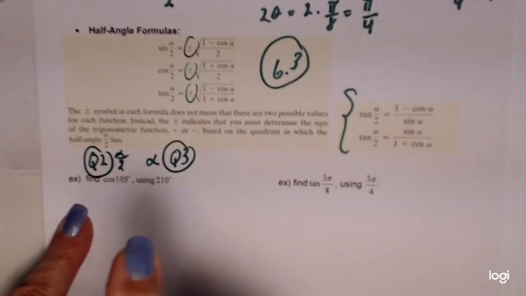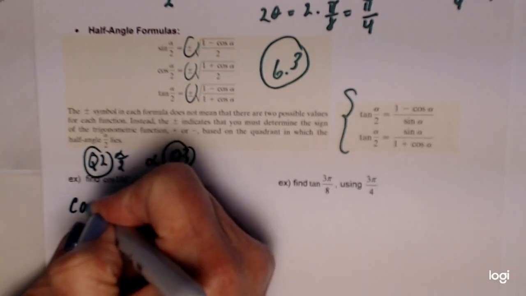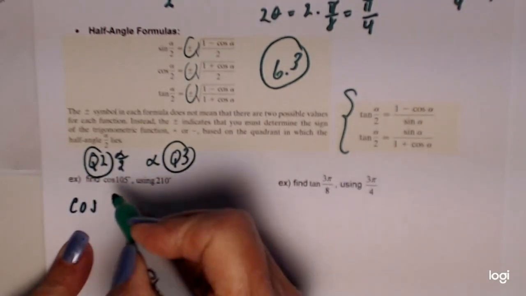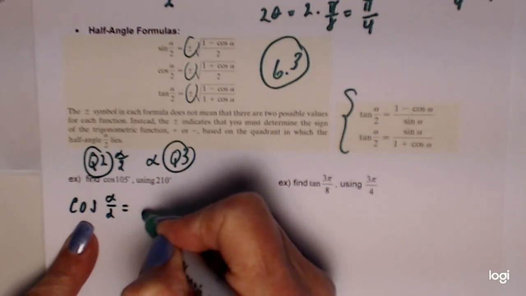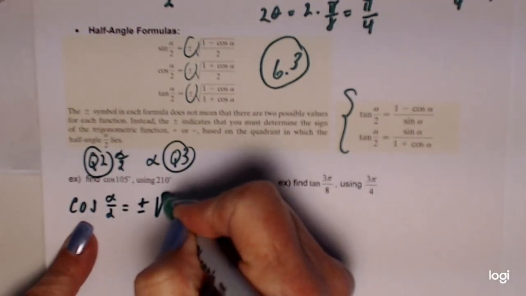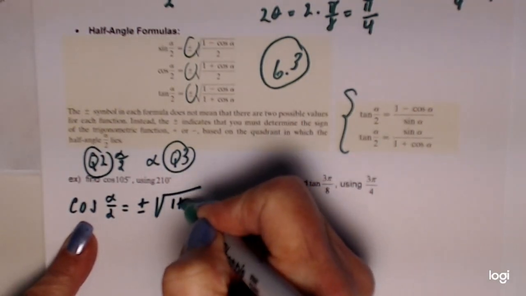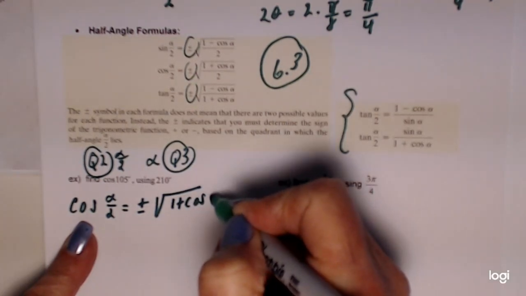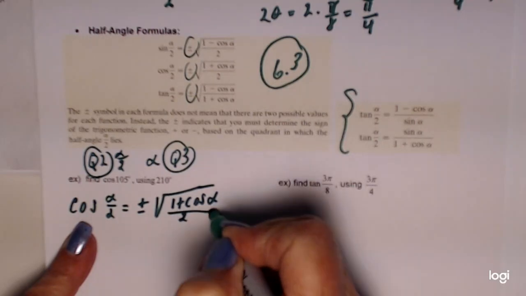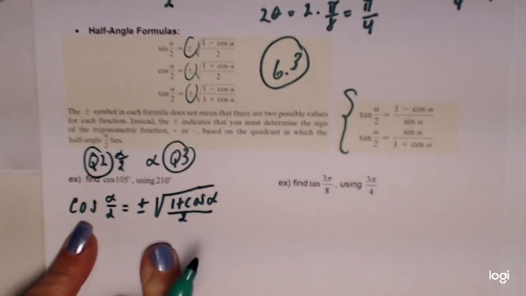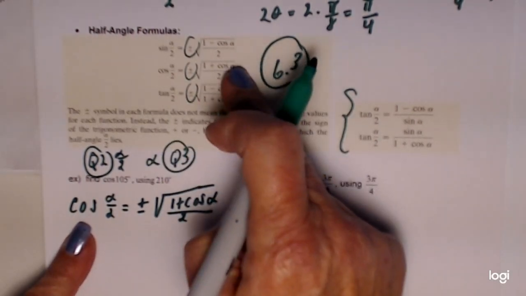Here, our formula says that the cosine of some angle divided by 2 is plus or minus the square root of 1 plus the cosine of the original angle, all divided by 2. So there's our formula. I just copied it from up here.